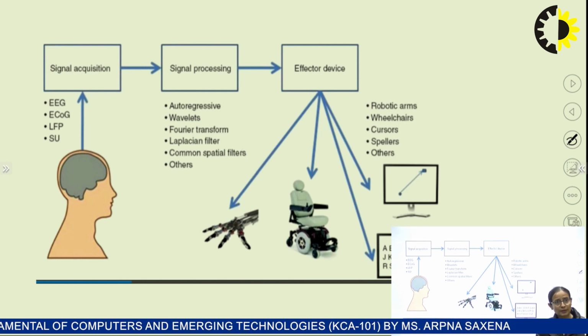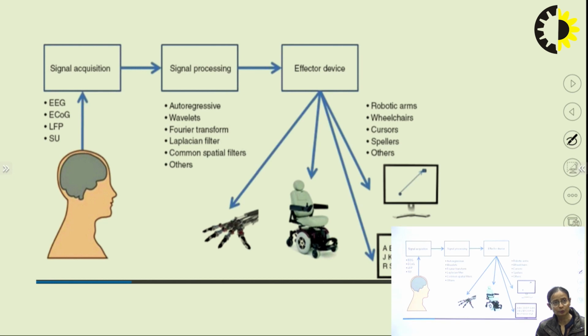Then there is an effector device, which is a computer module. After extracting the features and generating the command, it is sent to the effector device, and this effector device could be a robotic arm, a wheelchair, cursors, spellers, etc.